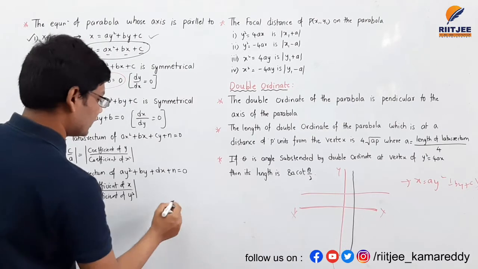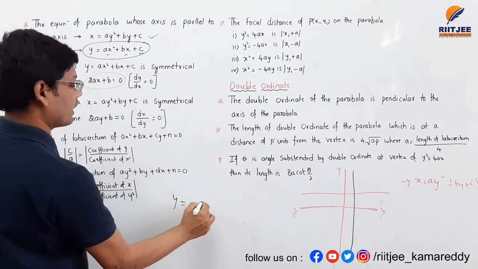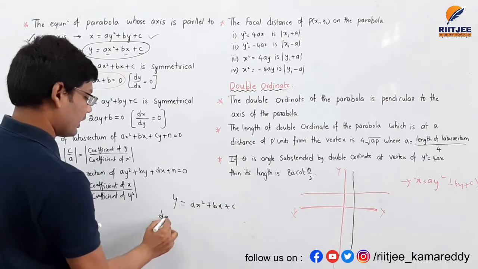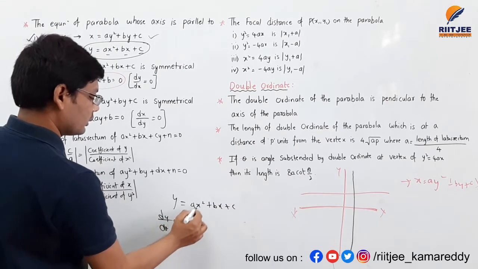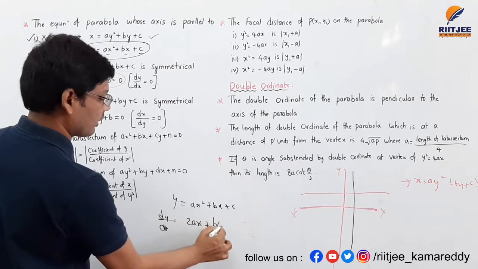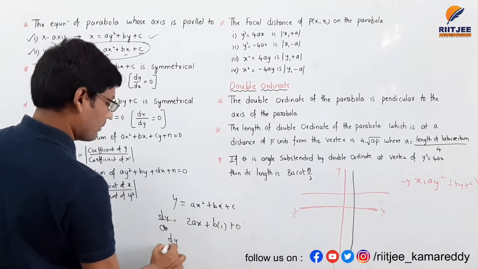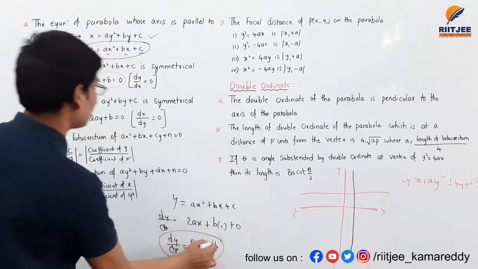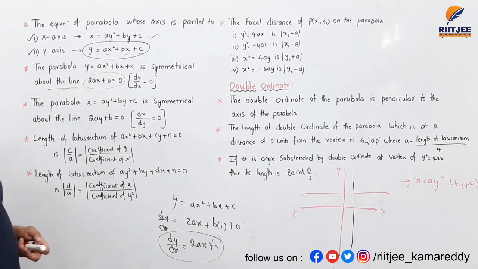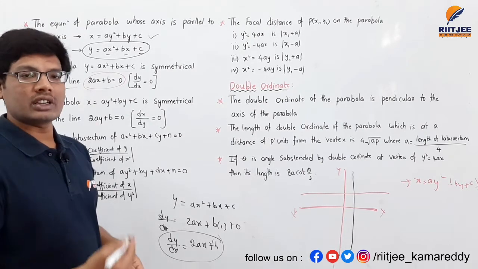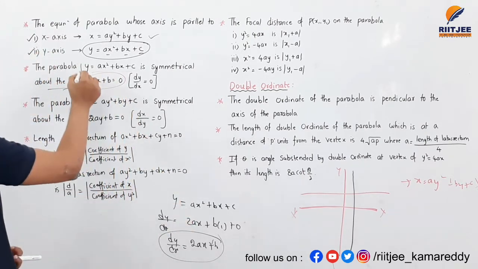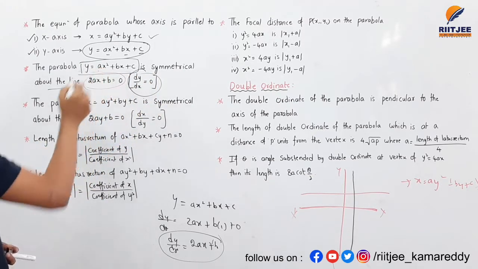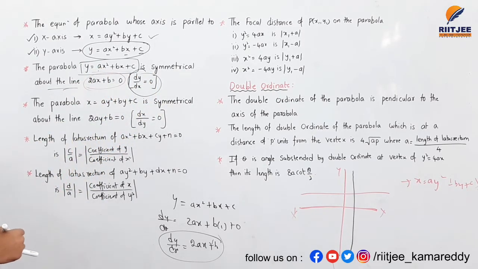If you differentiate this equation with respect to x, dy by dx is equal to 2ax plus b into 1, and this is set to 0. This is the condition for the symmetrical line. If we differentiate the parabola and set it equal to 0, we will get the symmetrical line.